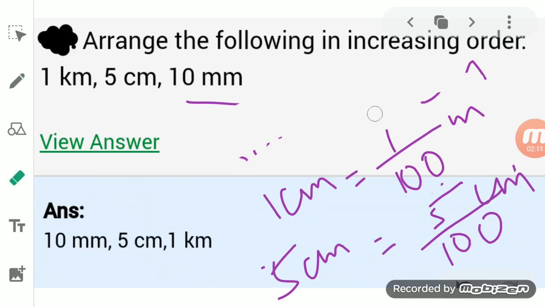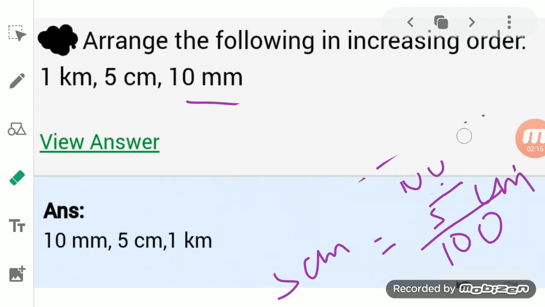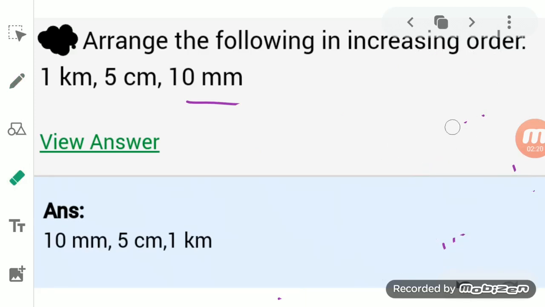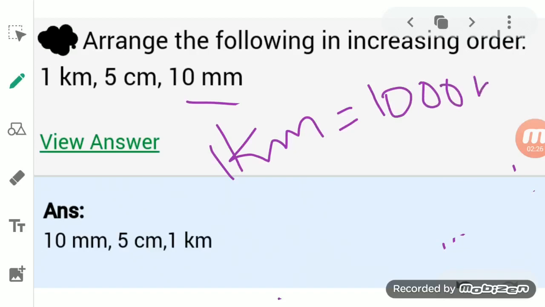So you can see here that in both the cases the answer came in decimal. But if we see the first one, that is 1 kilometer, we know that 1 kilometer is equal to 1000 meter.